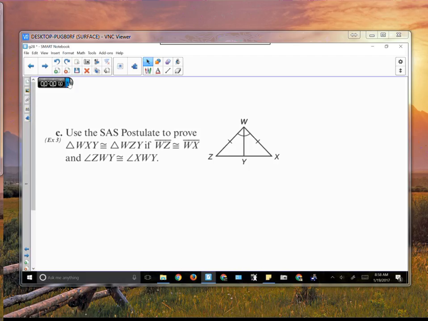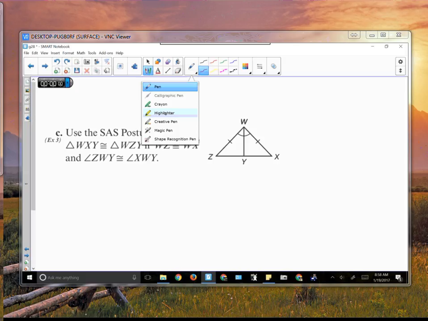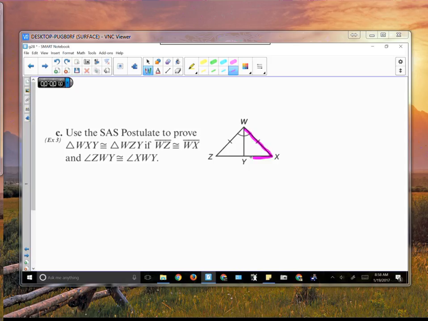We want to identify that the triangle that is right here, WXY, is congruent to the triangle that's over here. Now, I'm just looking at this.